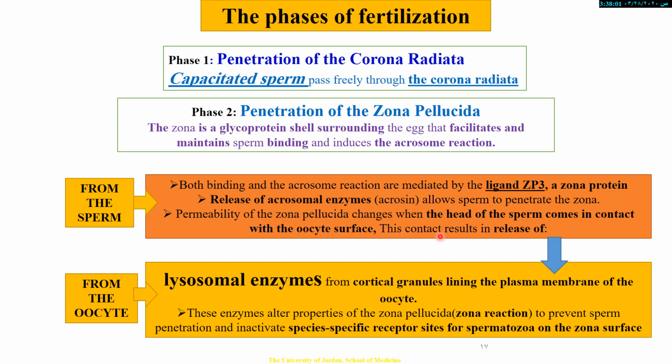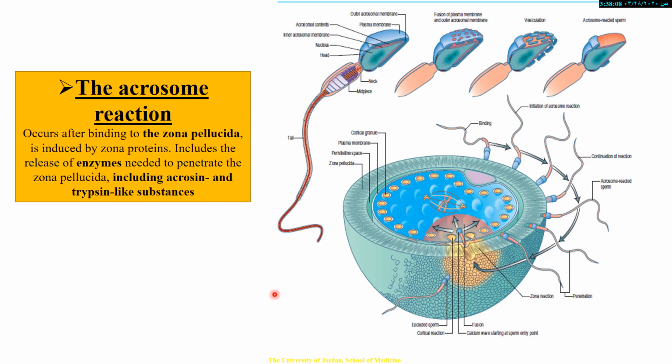Now, permeability of the zona pellucida changes when the head of the sperm comes in contact with the oocyte surface. This contact results in the release of lysosomal enzymes. Now let's go back. As you can see here, this is a sperm trying to hit the zona pellucida, and here it is on its way.